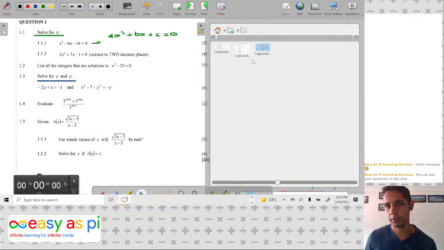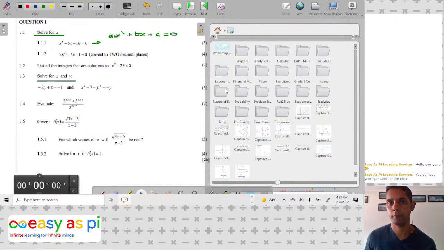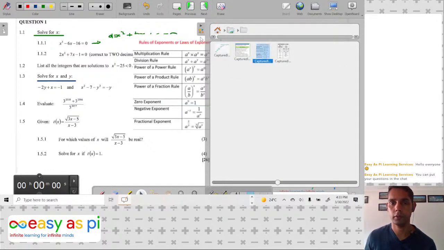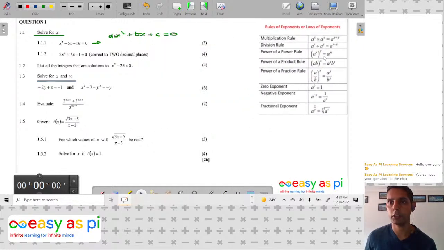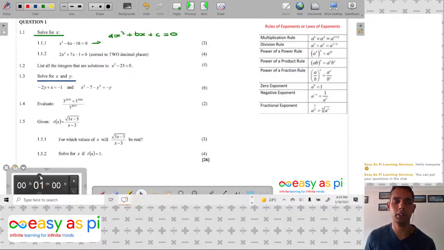So in this case, here are your exponential laws. And I'm going to give you a minute, literally a minute, to have a go at this.